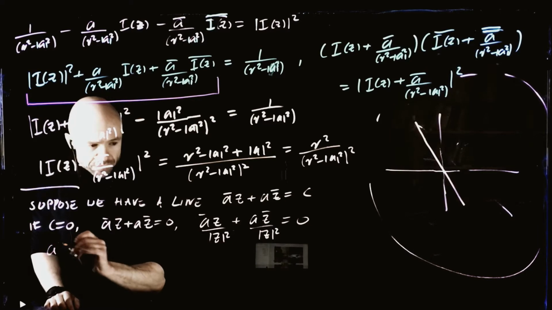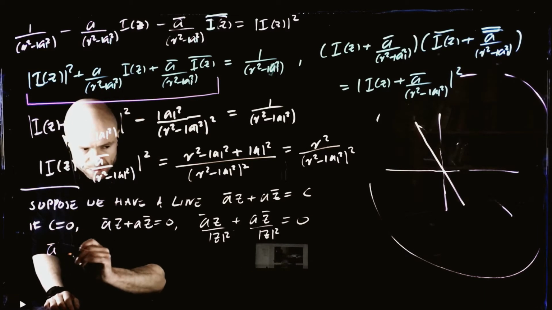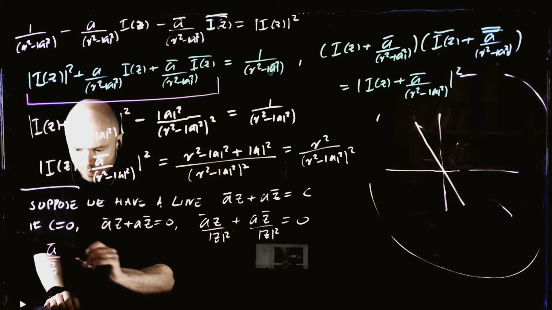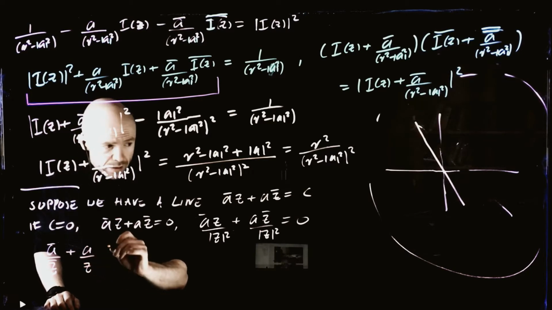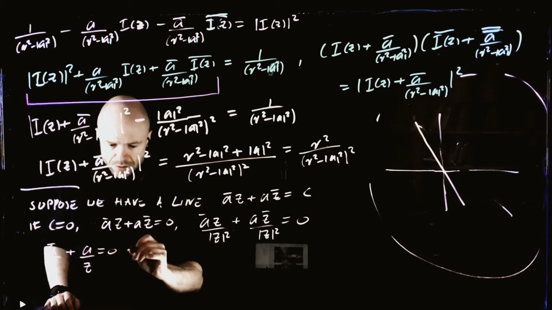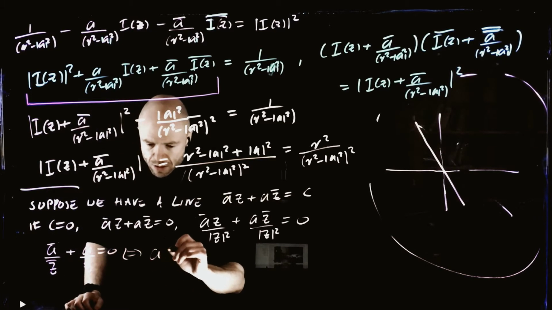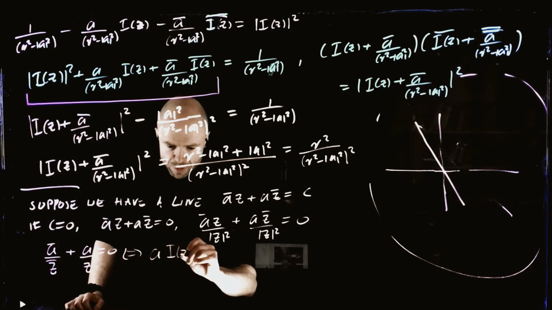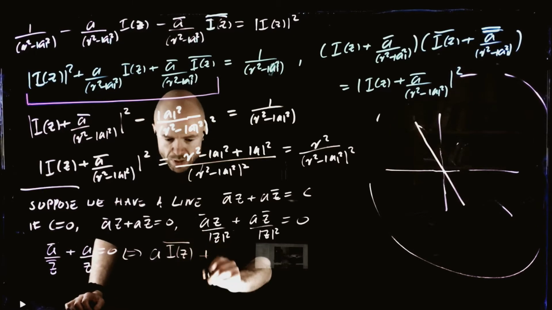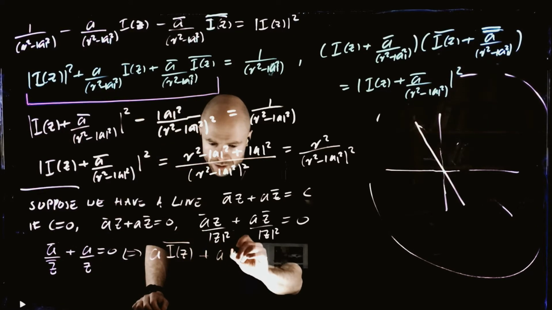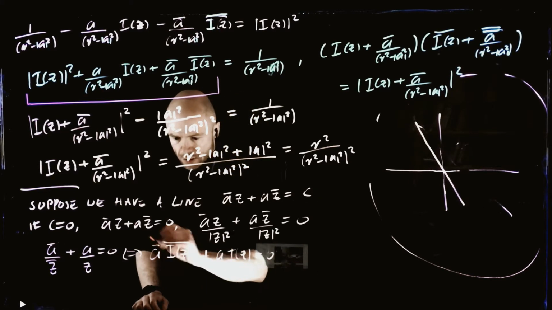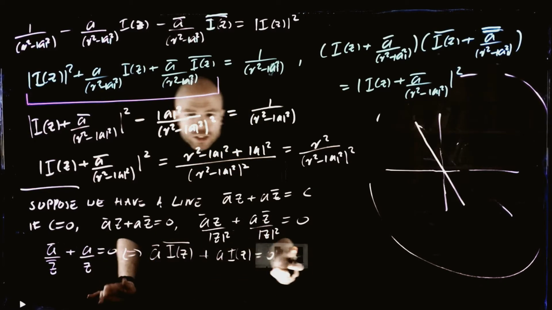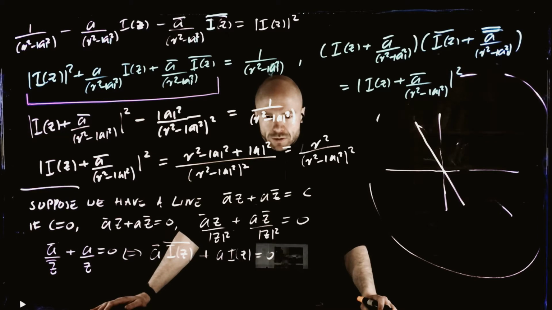That's the same as A bar times the inversion map's complex conjugate plus A times the inversion map, and what we have is the equation of a line going through 0 again. So in that case, it's pretty easy.